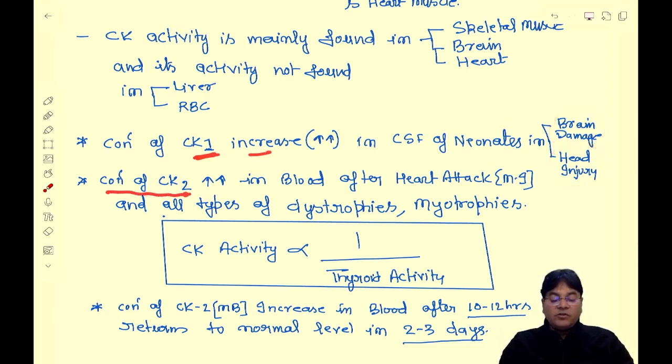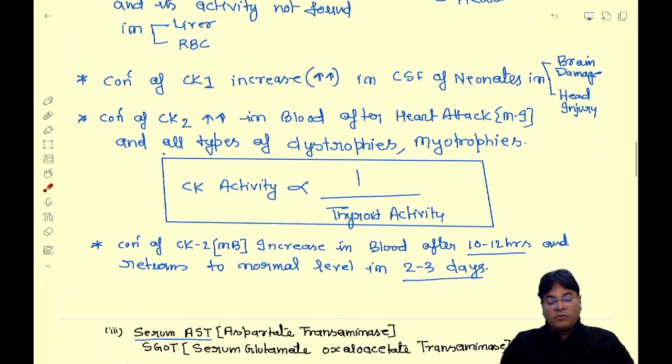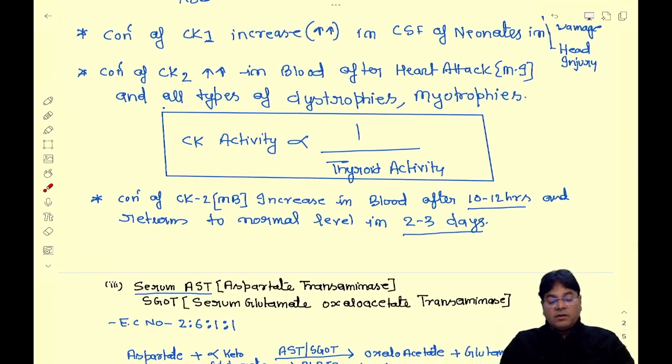Now, the concentration of CK2, this is the second isomeric form, increases in the blood in a normal human being after the heart attack, that is myocardial infarction, and in all kinds of dystrophies and myopathies if the person is suffering from them. As a general rule, we notice that the activity of the creatinine kinase is inversely proportional to the thyroid activity.